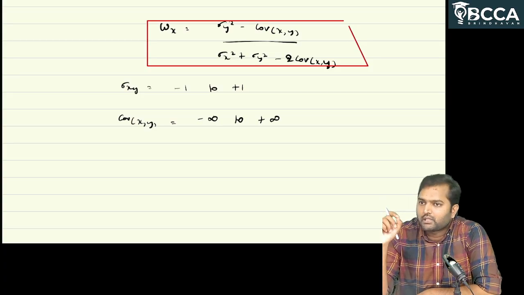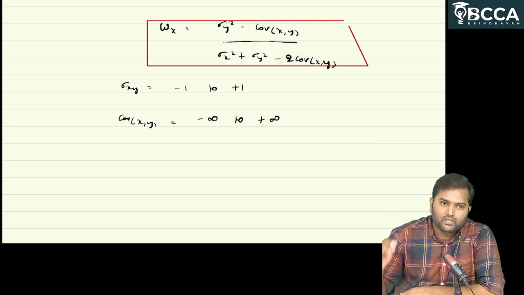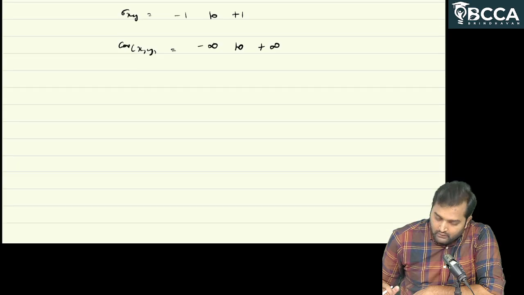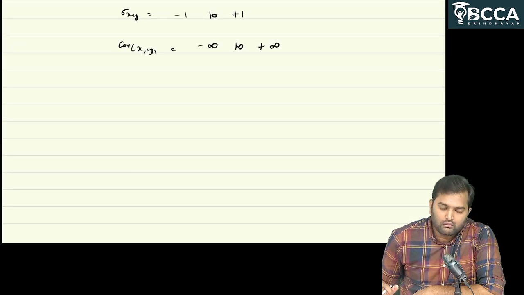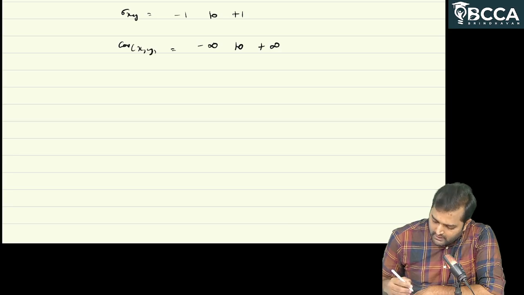So for construction of a minimum risk portfolio, proportion of security x must be equal to sigma y square minus covariance of x comma y divided by sigma x square plus sigma y square minus 2 covariance of x comma y. Okay, done.